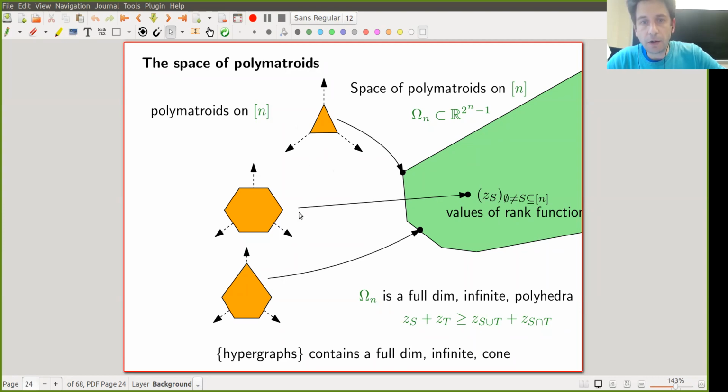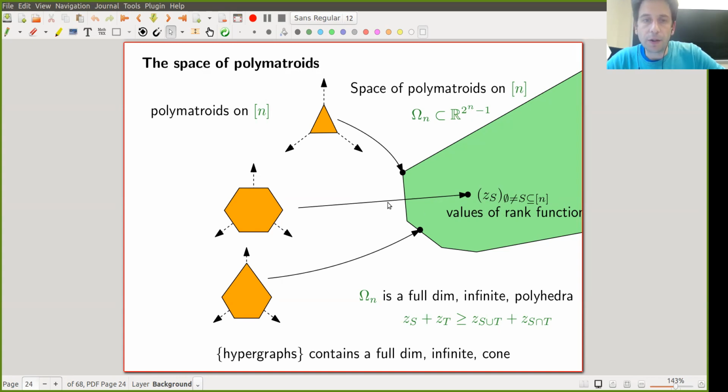I can encode them by a point in the space R to the 2^n minus 1, by associating to a polymatroid the values of its rank function. The rank function, I have to specify the value for every set that is non-empty. That's why I get this number of coordinates.